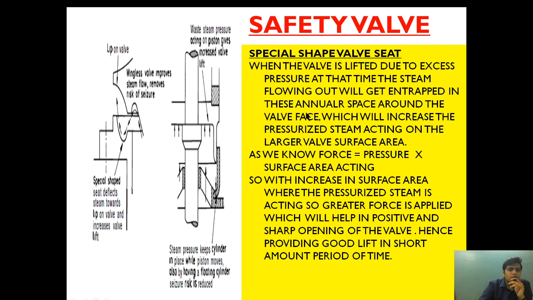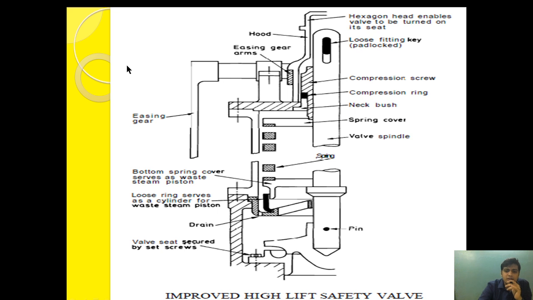So this diagram will be more clear. Once the valve is lifted, the steam is coming down here, and as if a guided path is helping, it acts on the larger surface area. This is the lip of the valve. So as you can see in this design, once it is slightly lifted, through the annular space the steam is acting on this surface area.